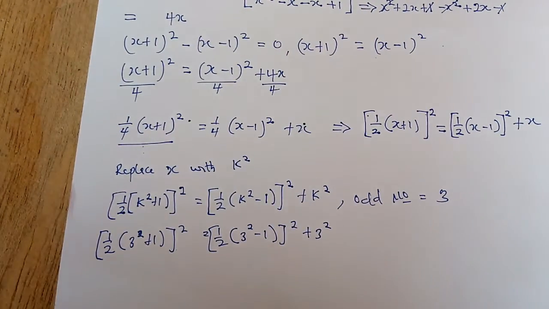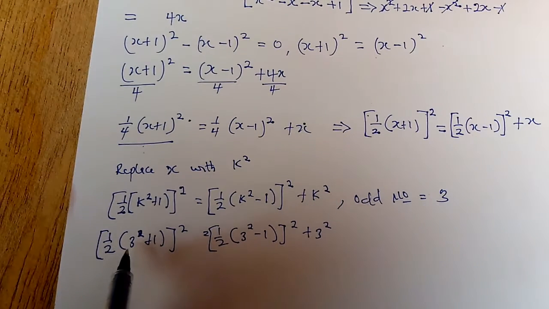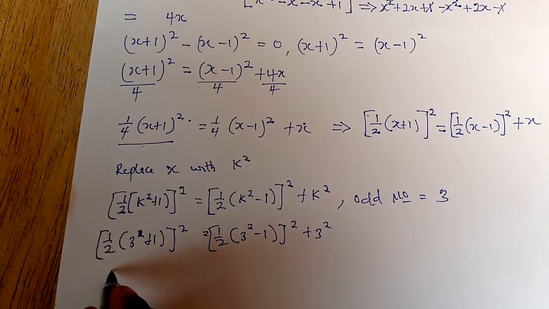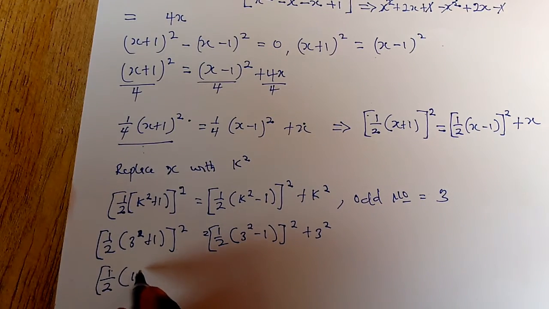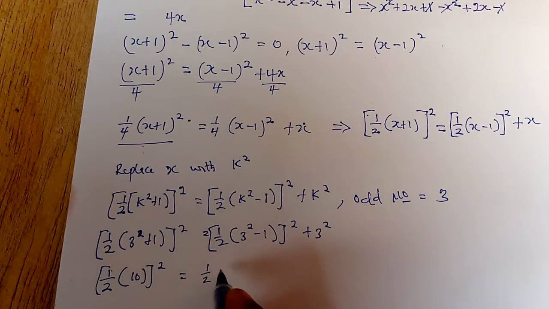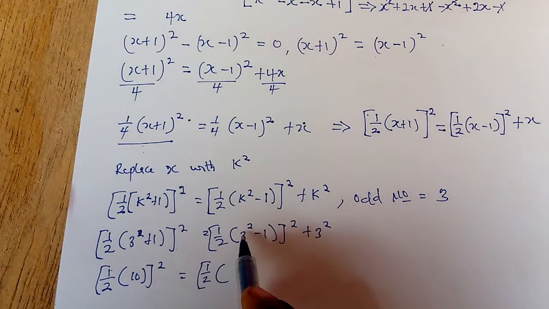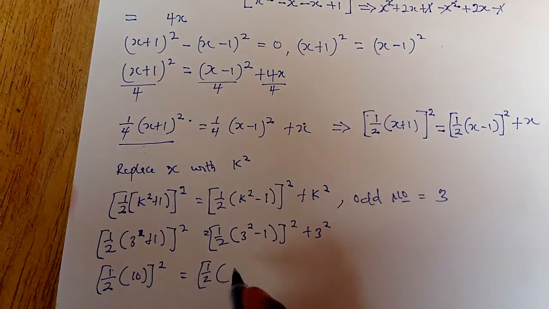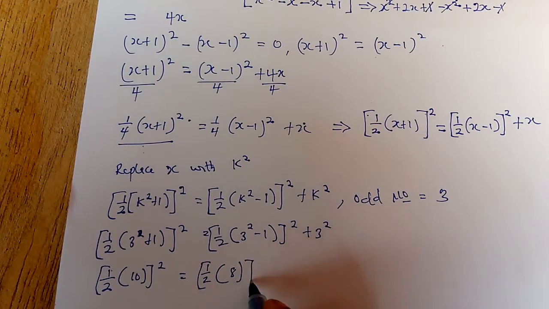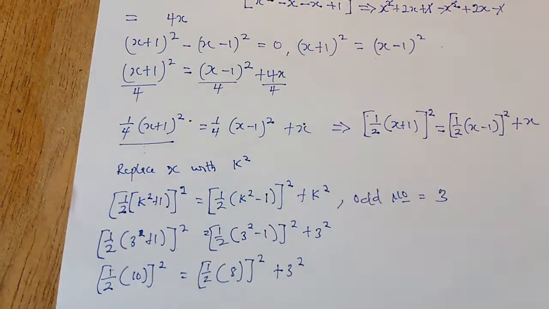So all that we need to do here is simple. 3 squared gives me 9, and 9 plus 1 gives me 10. So I have half of 10, squared, is equal to 9 minus 1, which gives me 8, so I have half of 8, squared, plus 3 squared.